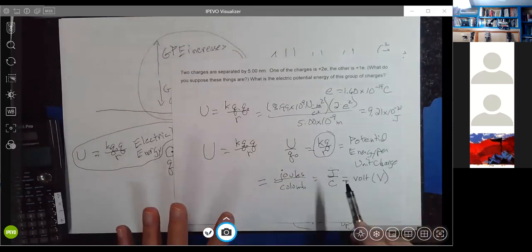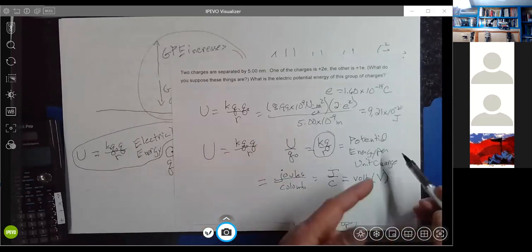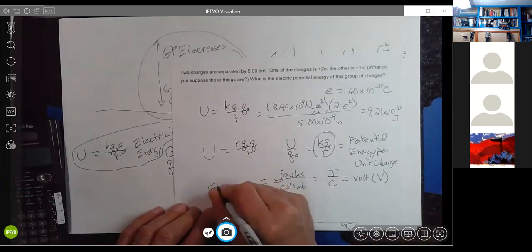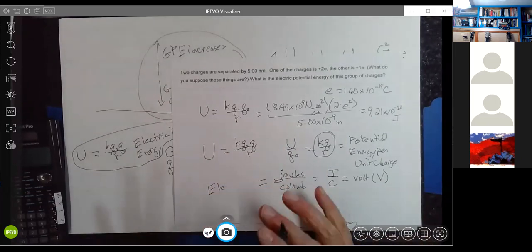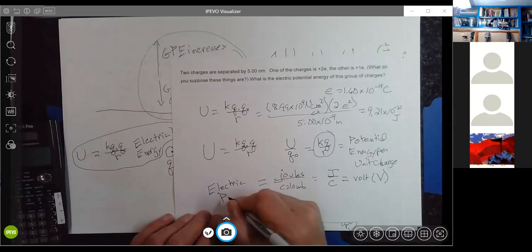Instead of calling this electric potential energy, this stuff, its potential energy per unit charge, we just call it electric potential, and we leave the word energy off of it. So kind of a tricky definition.